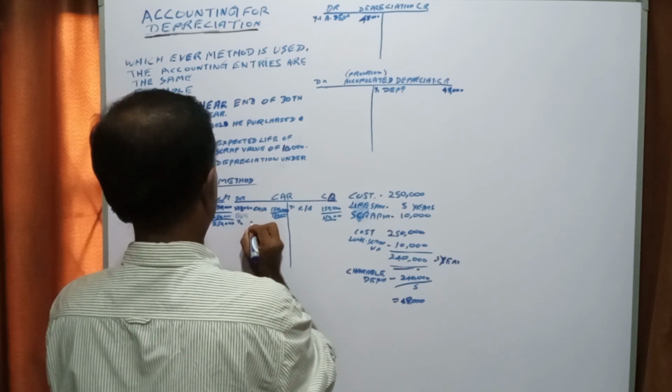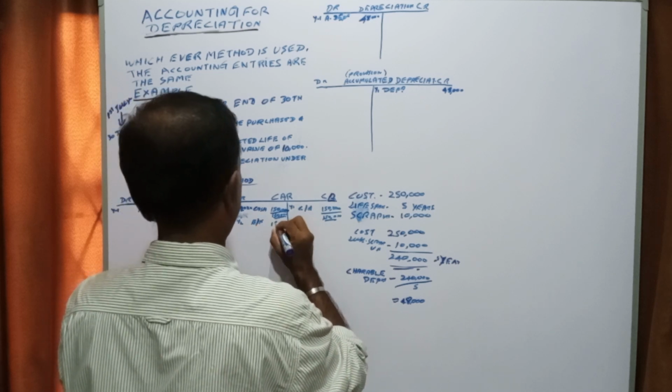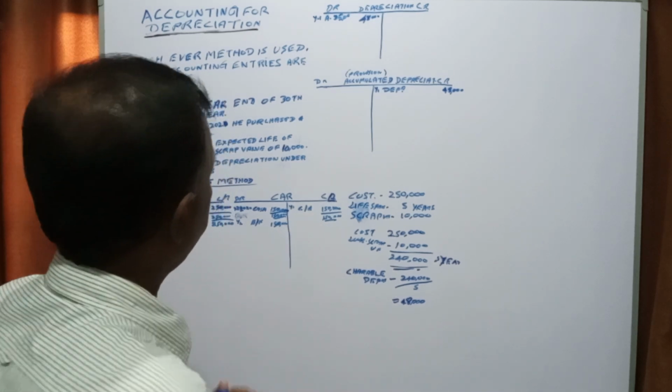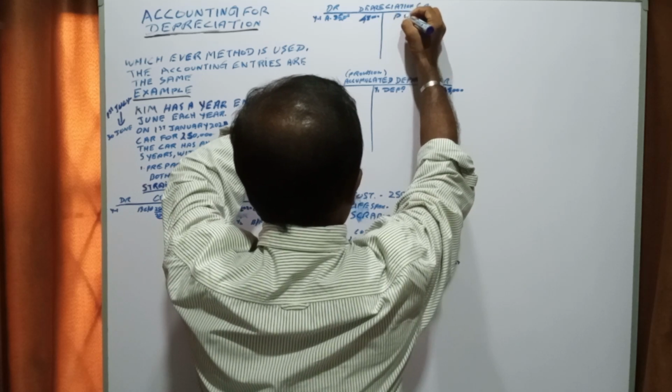Year 2 balance brought forward 150,000. Then accumulated depreciation is the depreciation charged to the profit and loss account.